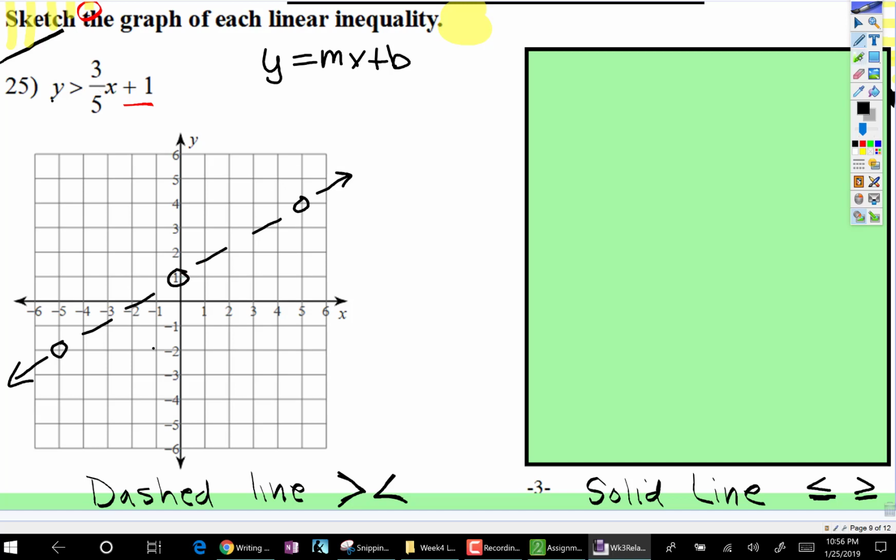Right there where the y value, right there, on the y-axis, where are the y's bigger than that? Are the y's getting bigger going up the y-axis, or are the y's getting bigger going down into the negative numbers? Well, they're getting bigger up here, and that's on this side of the inequality line. So you can go ahead and just shade this side, just like that.